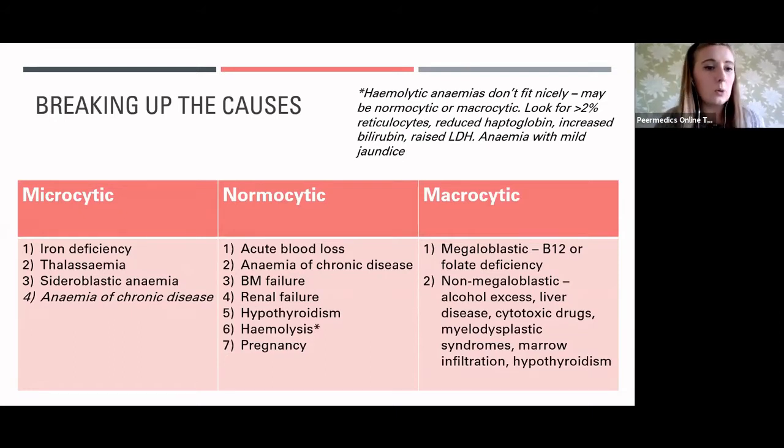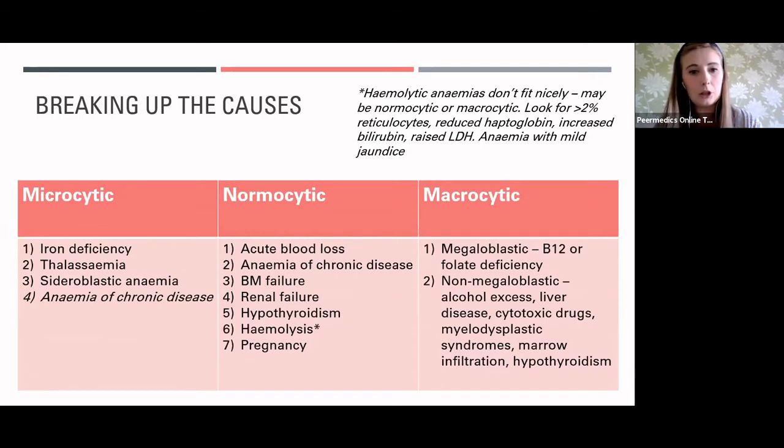So microcytic causes: iron deficiency, thalassaemia, sideroblastic, sometimes anemia of chronic disease. In normocytic, apart from anemia of chronic disease, we're not really going to go over any of these, because apart from hemolysis they're all separate issues that just cause a normocytic anemia as a byproduct.